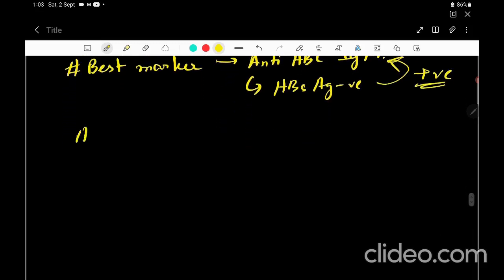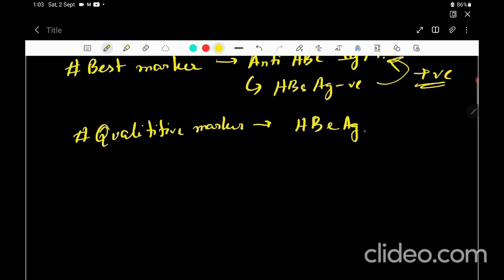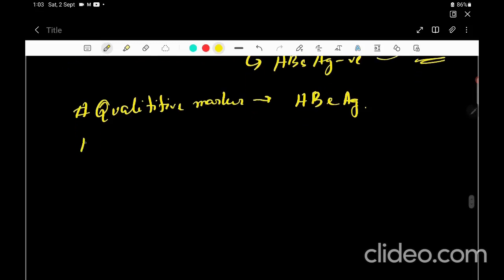The qualitative marker for hepatitis B infection is HBeAg. And the quantitative marker is HBV DNA.